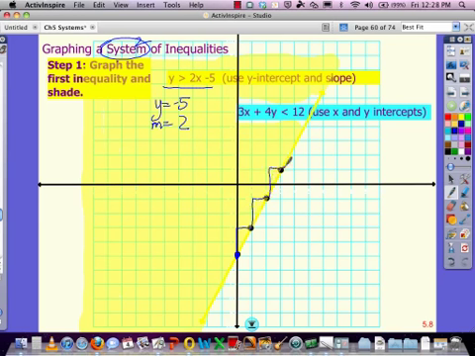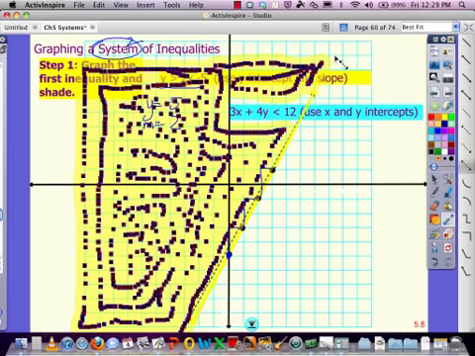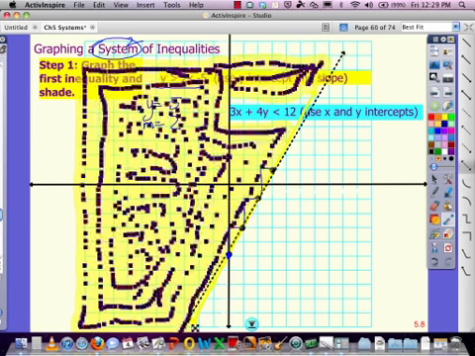Now, the one thing that's not showing up real well here is that I drew my line dashed. So we're going to redraw that with our tool and make sure that it is dashed so you can see it accurately. So y is greater than, drawing it. I'm putting it right over another one, that's why it's not liking it right now. I will move it a little up, a little too far.